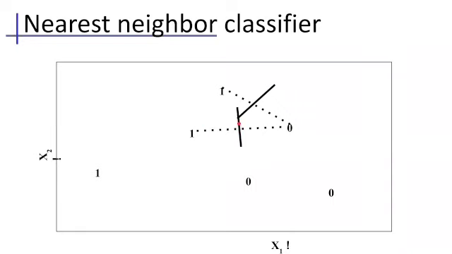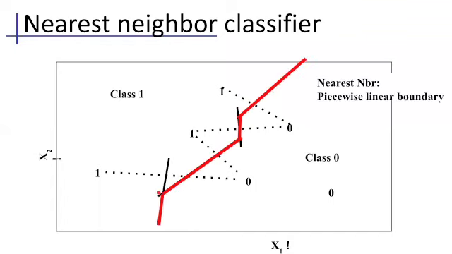Now along this line, you have equal distance to two different sets of neighbors. Now this one becomes closer than these ones, so you draw another decision boundary. As a result, you can extend all the way throughout the entire graph, and you get this so-called piecewise linear boundary. That is a very unique feature of nearest neighbor approaches.